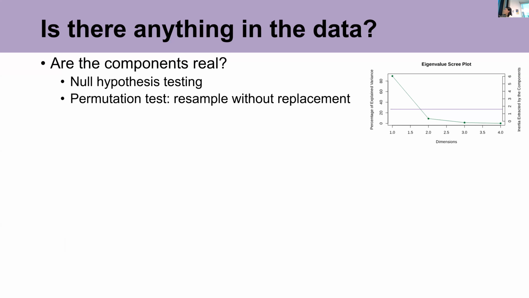Other ways of deciding how many components are like Kaiser line. So Kaiser line is a guy named Kaiser, and he's like, okay, I think everything above this line is meaningful. Everything below is not. And I hope you could see how that could be problematic. But it's a criteria that we can use, right?